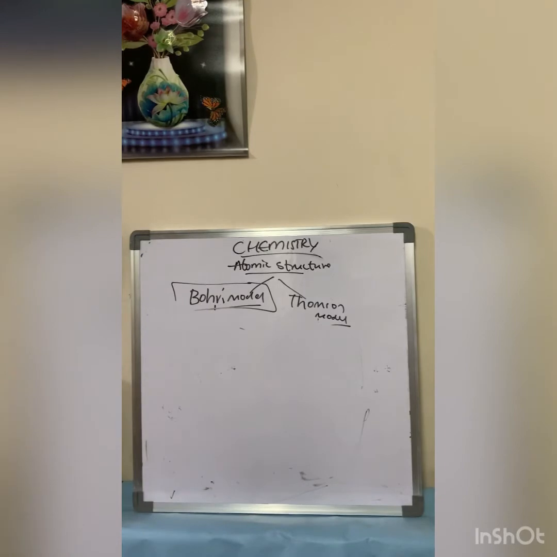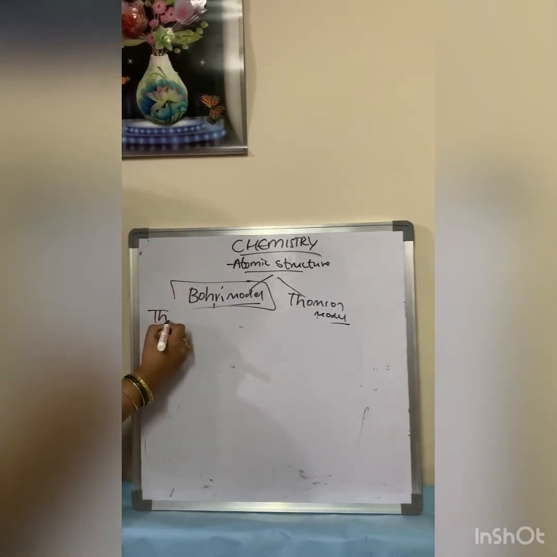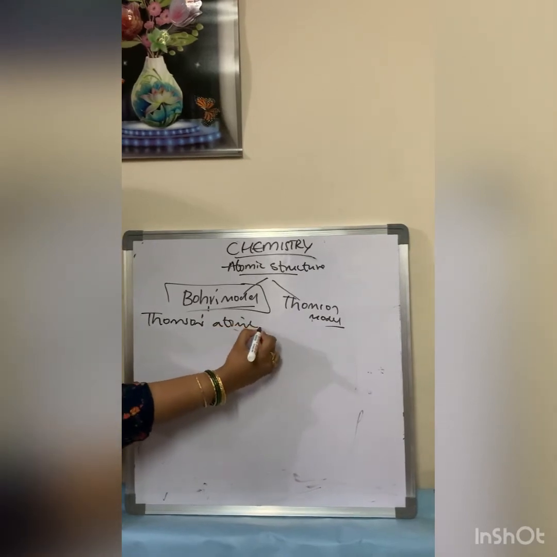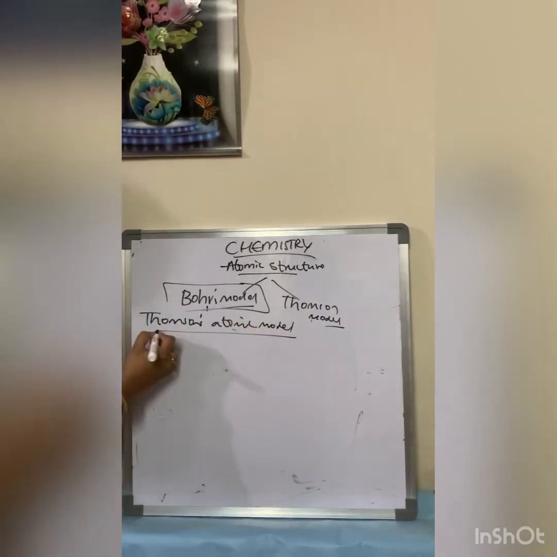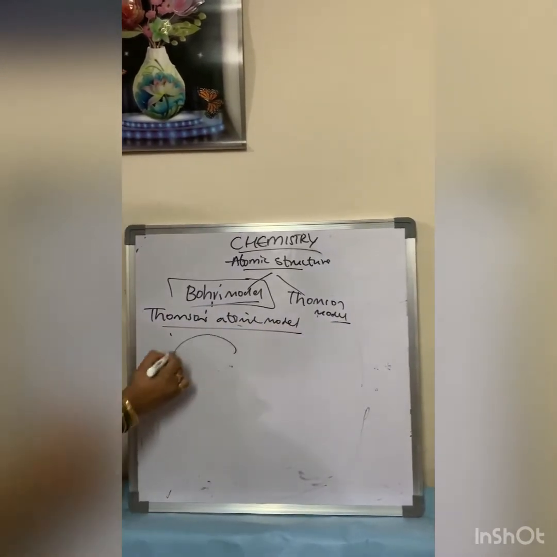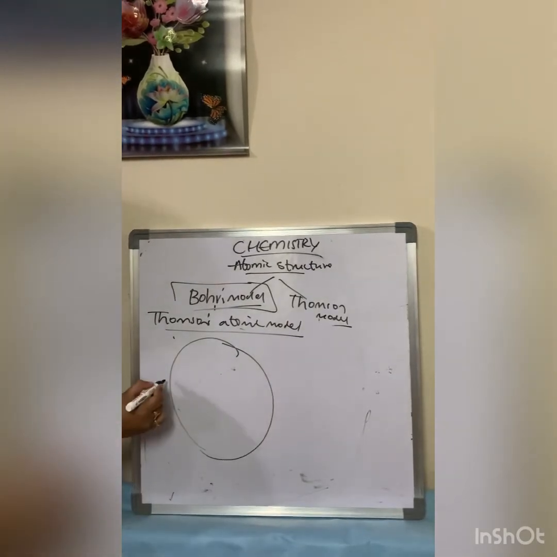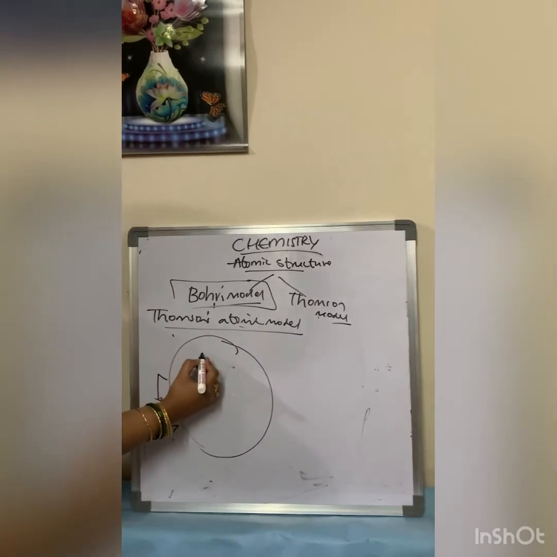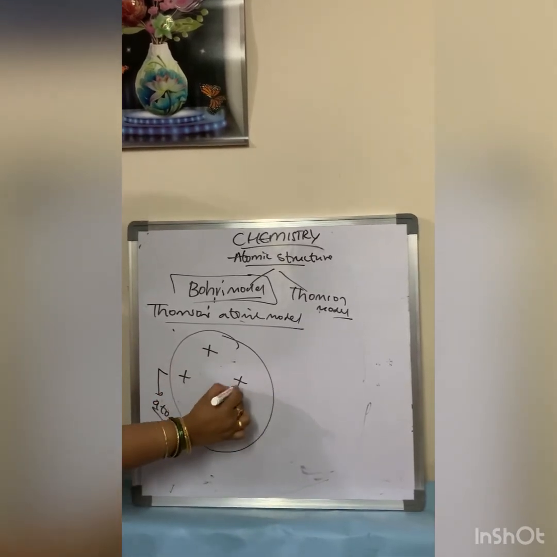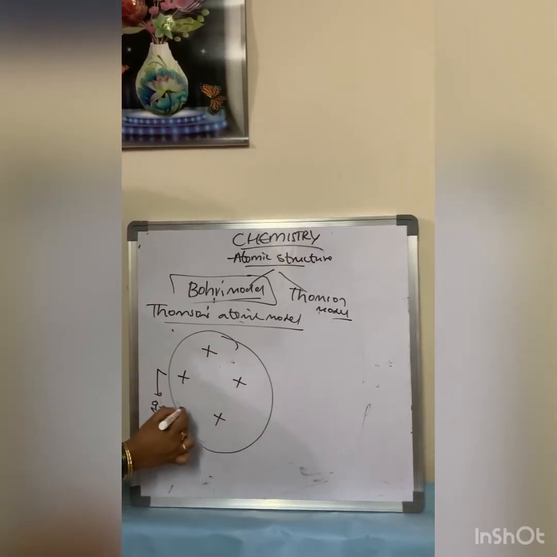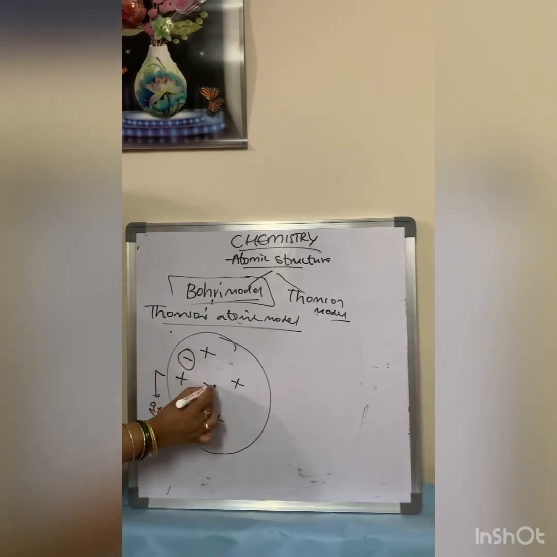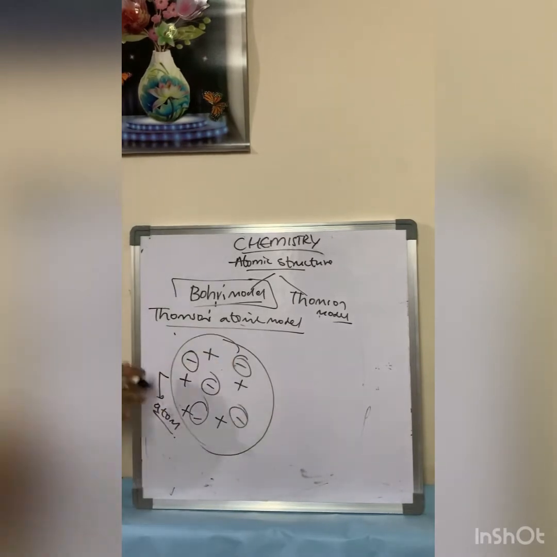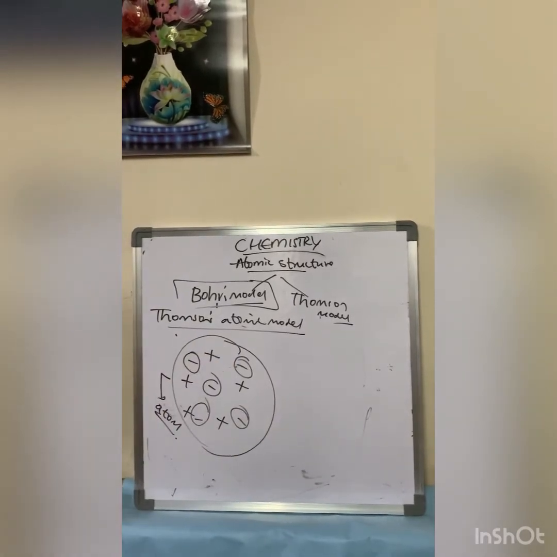And next, coming to the Thomson model, Thomson's atomic model. What did he explain? In the atom, protons and electrons are equally present and circulating inside the atom.